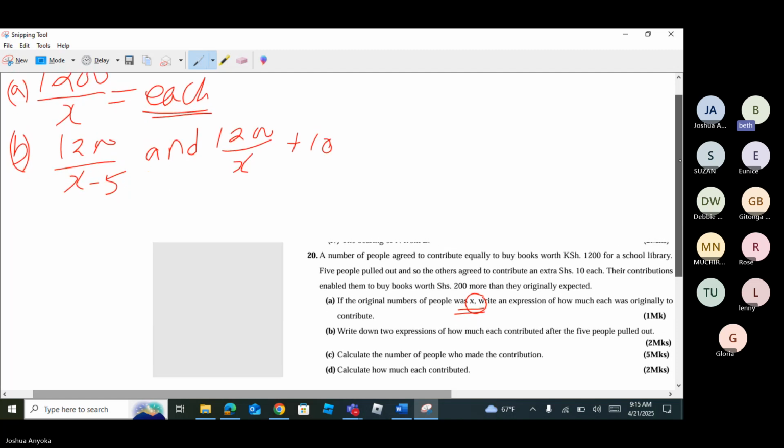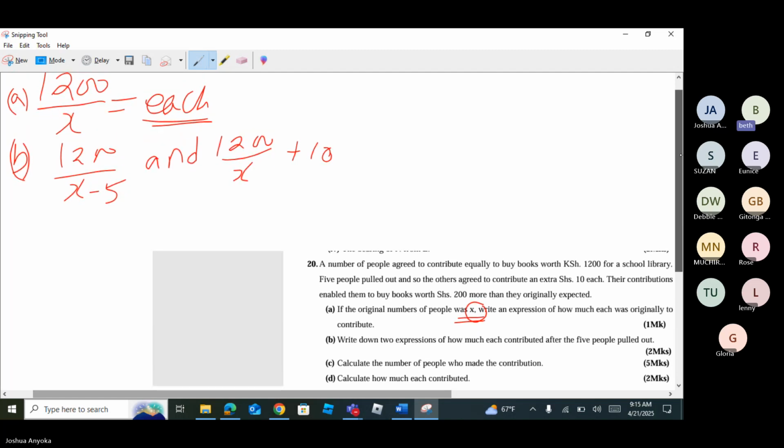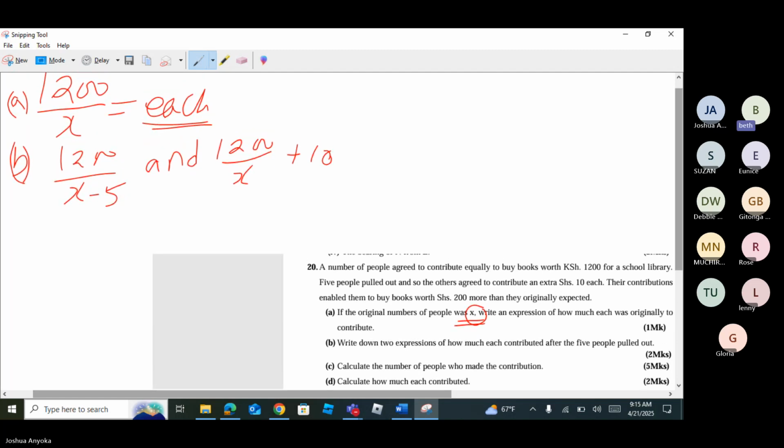Excuse me, Chair. Yes. I have another expression. 1400 over X minus 5. 1400 over X minus 5.